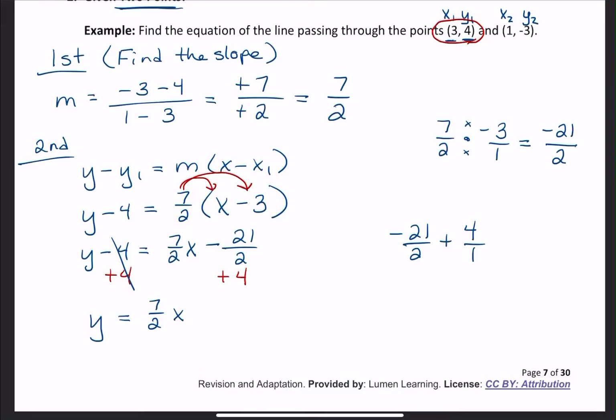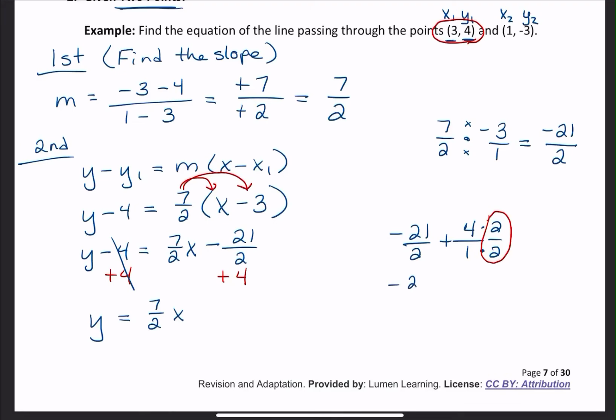So my common denominator here is 2. So I'm going to multiply top and bottom by 2. Because really, I'm changing that to a 2 in the denominator, but I'm really not changing the value of the number because I'm just multiplying it by 1. 2 over 2 equals 1.